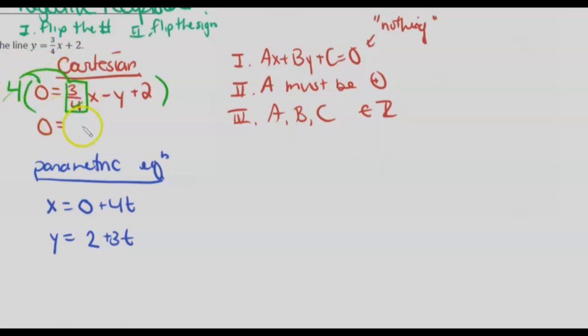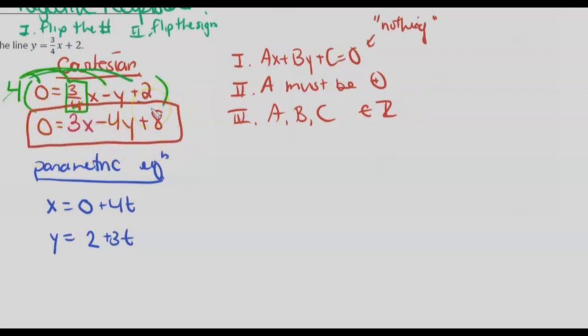We would get 3, so we get 3x. 4 times negative y gives us negative 4y. And then 4 times 2 gives us plus 8. So this would be the Cartesian equation for this line.